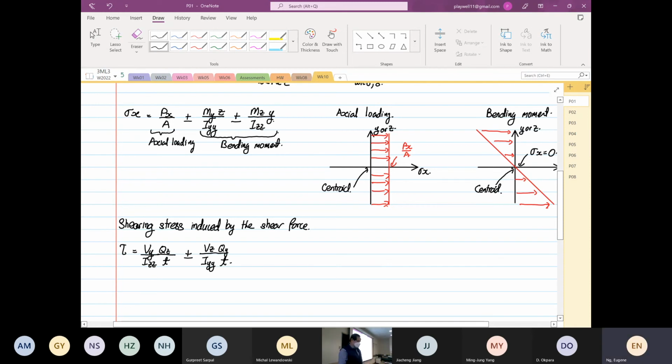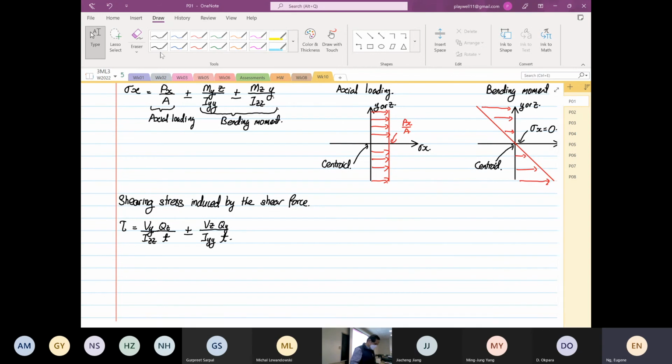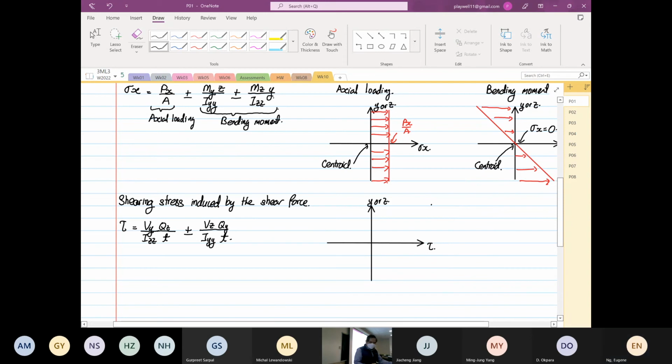Now I'm going to sketch another distribution, in terms of shear stress. This can be your y or your z, and we will have a distribution looking like this.